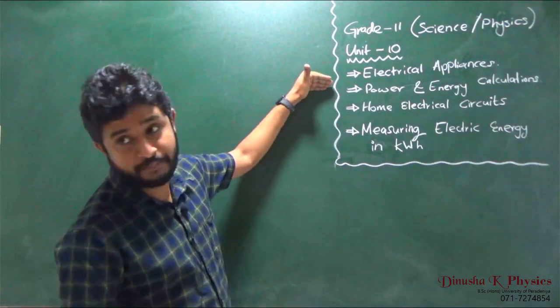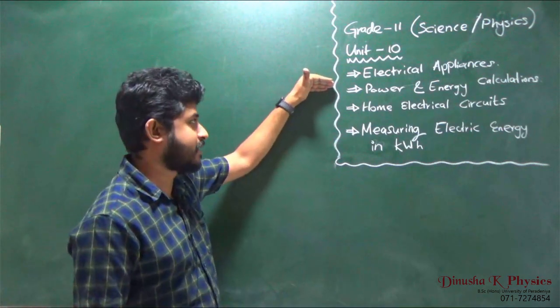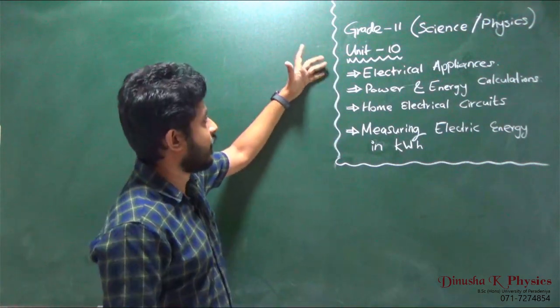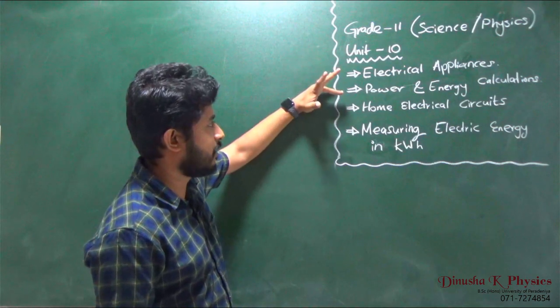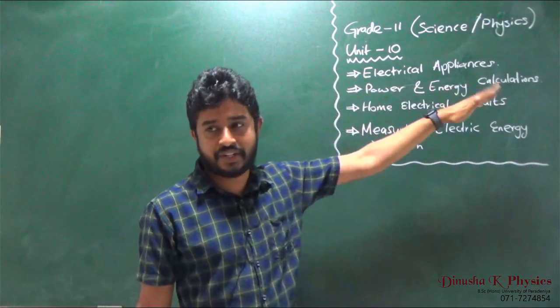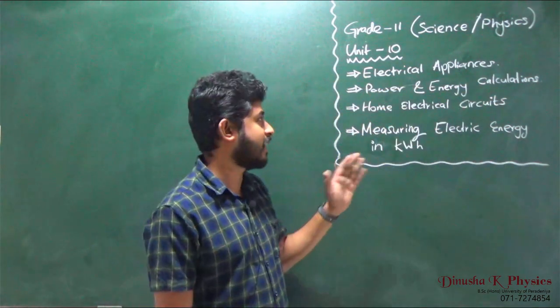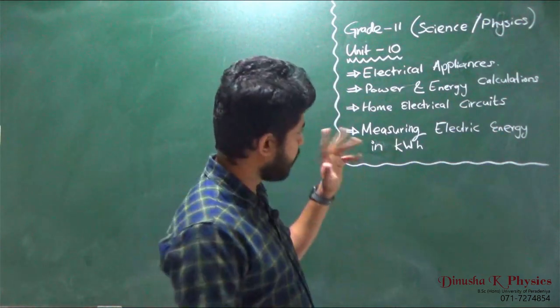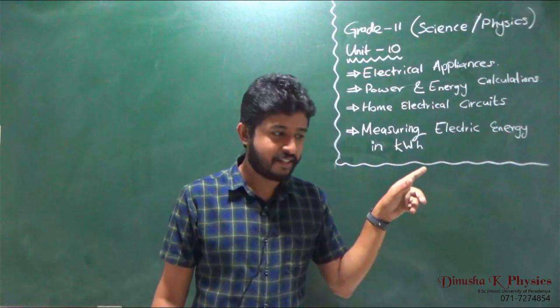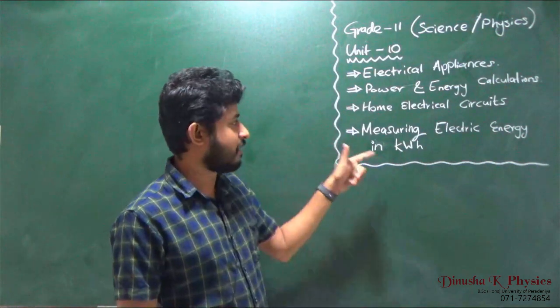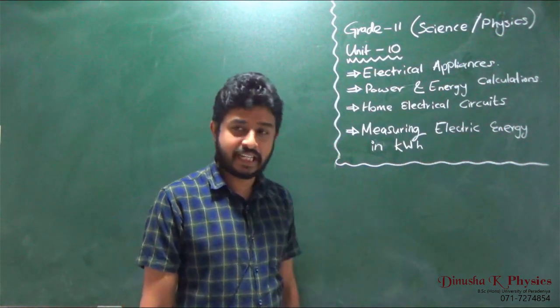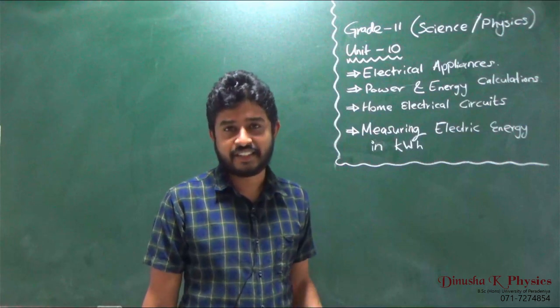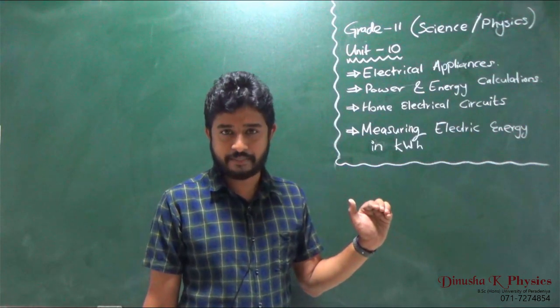I'm going to cover these topics today in this small video: electrical appliances and the power and energy calculation of electrical appliances, home electrical circuits, and measuring electric energy in kilowatt hours. So these are the theory parts that I'm going to discuss.